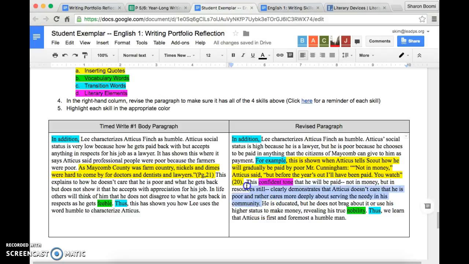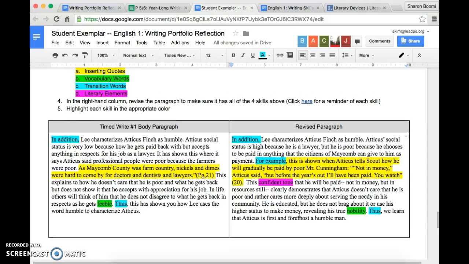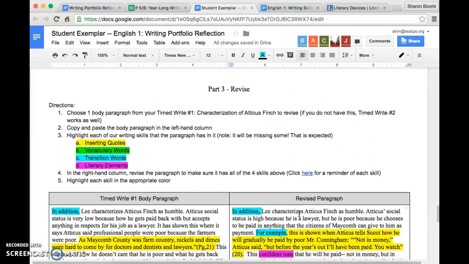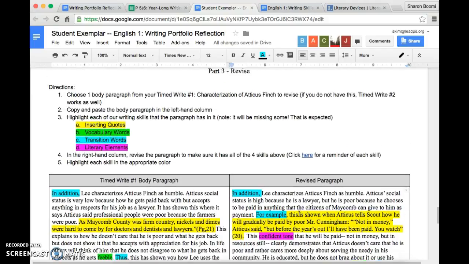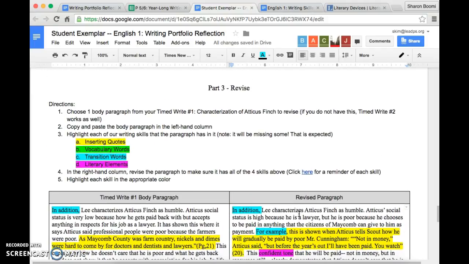Great, so now that works. You should reread multiple times as you're looking at your revised paragraph. This should take you about 20 to 25 minutes. This is part 3. Once you're done with part 3, you're going to move on to part 4.